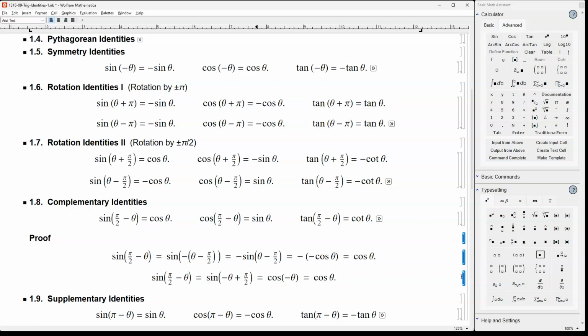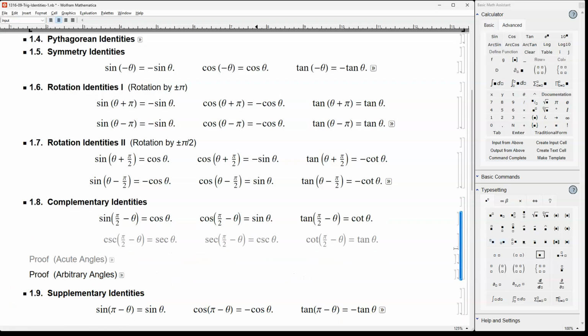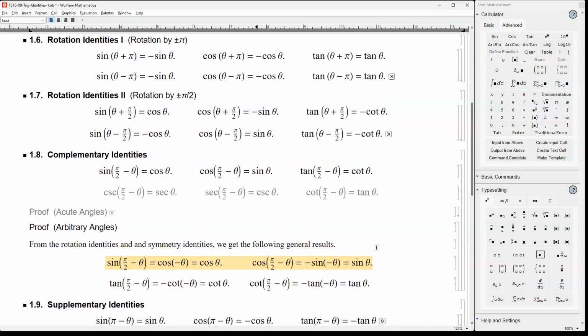How about the others? Well, stop the playback and go ahead. Okay, that was sine. And then as for cosine, let's see. Cosine of negative theta plus pi over 2.